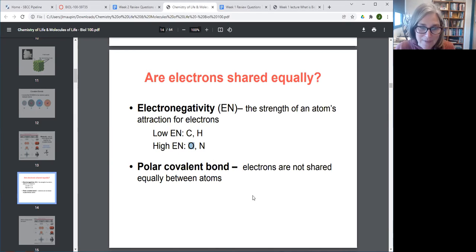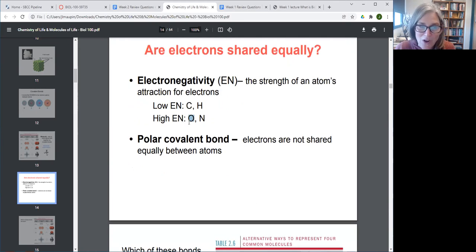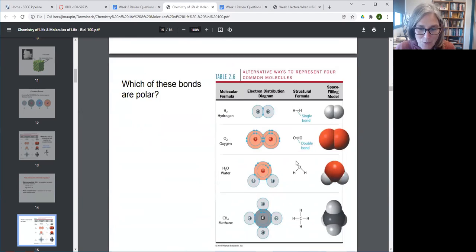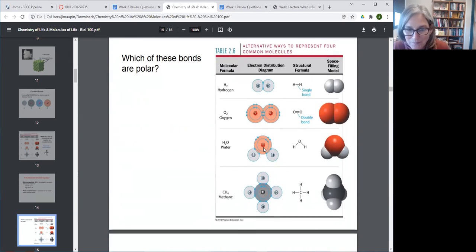So since it's pulled so strongly, let's go to water right here. These electrons that are supposed to be shared end up closer to this end of the molecule where oxygen is. That gives that end of the molecule a partial negative charge. It's a little bit negative most of the time.